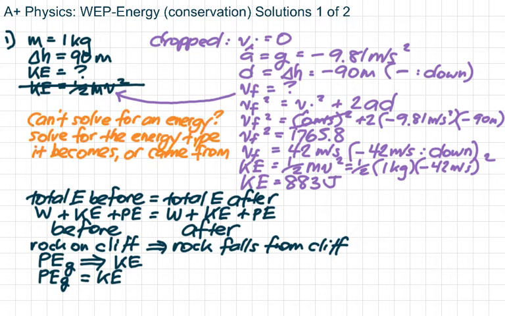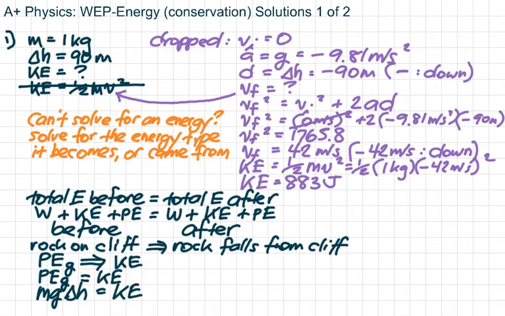So in this case, I can't solve for kinetic energy because I don't know the speed. If I can't solve for the kinetic energy that the rock gains from falling, I can solve for the gravitational potential energy it had to begin with. mg delta h that it had to begin with is the kinetic energy that it gains.